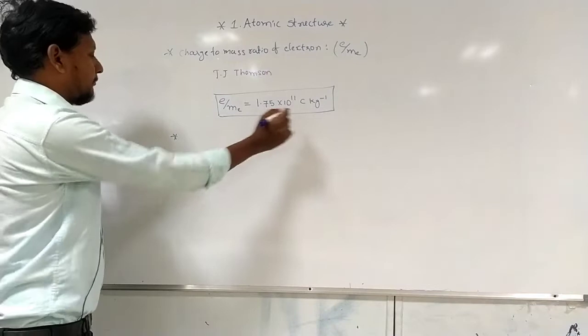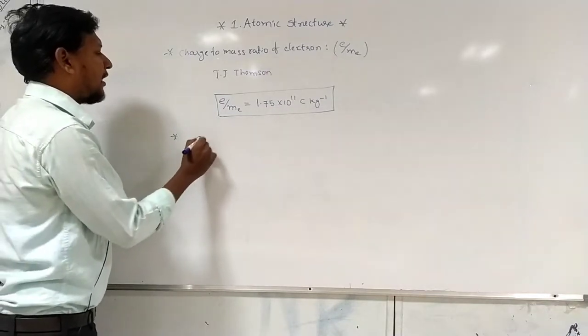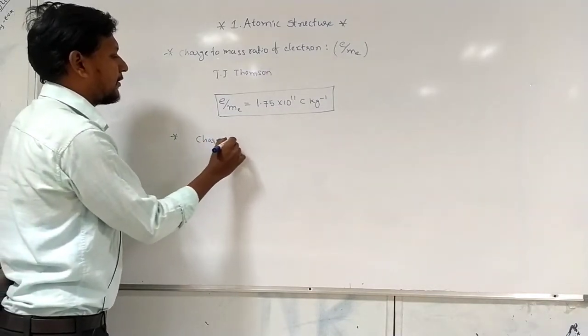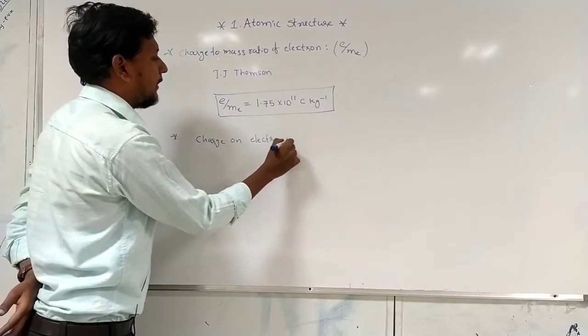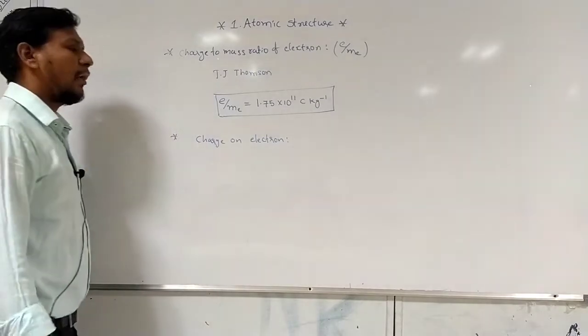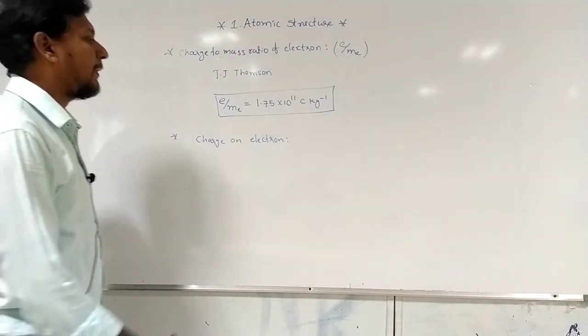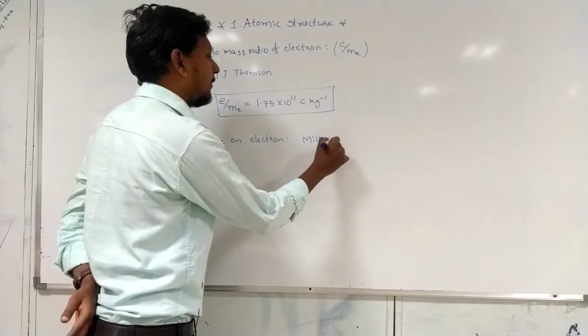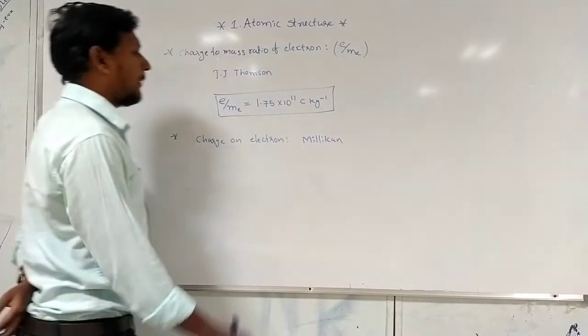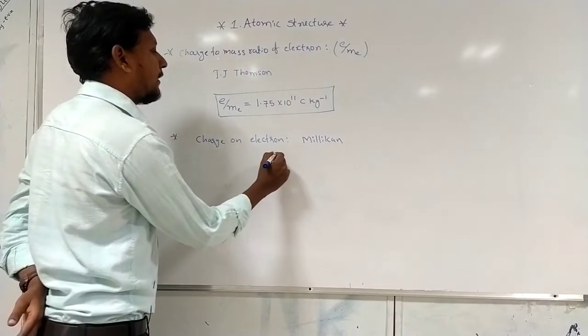Next one is the charge on the electron. Electron carries which charge? How much charge? It is calculated by Millikan using the oil drop experiment.